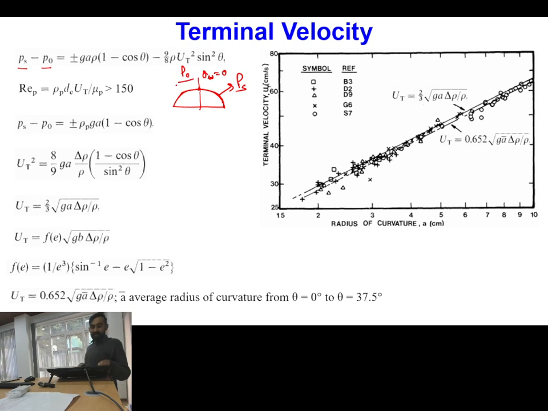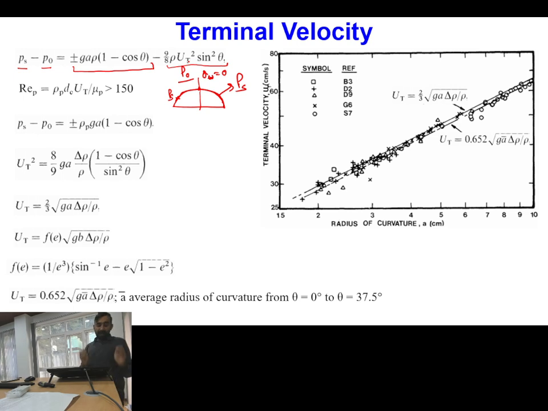So Ps, pressure at any point on the surface of the bubble, minus pressure corresponding to the peak point is equal to, this component is coming from the gravitational head and the second component is coming from the velocity head. Say if ut is terminal velocity of the bubble, then this is the gravitational pressure change and this is the pressure at the surface because of the motion.